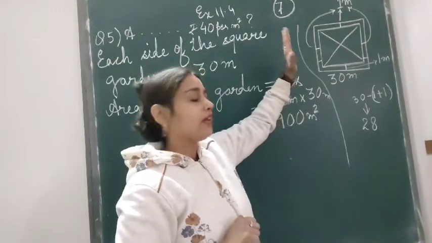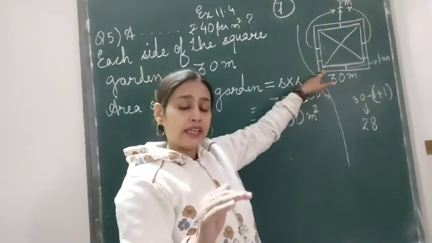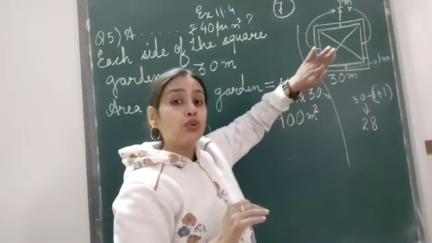So now what will we write? We will find the area of the garden excluding the path.